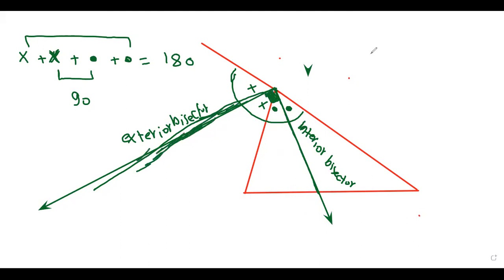They are perpendicular. So the interior bisector is perpendicular to the exterior bisector.